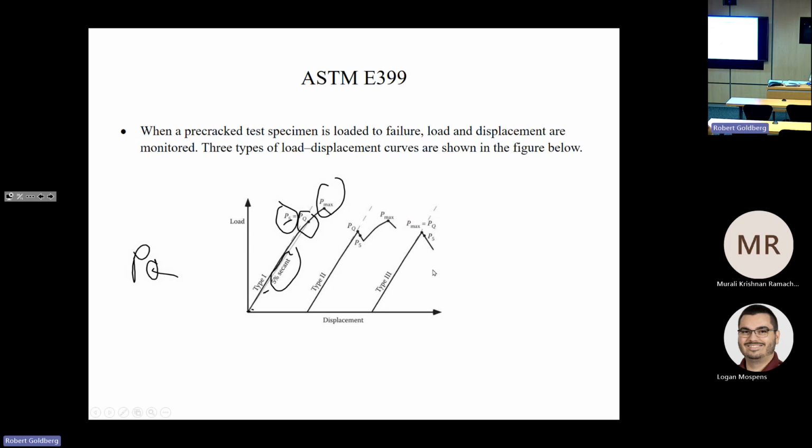Now, this nonlinearity can be caused by plasticity, subcritical crack growth, or both. So for this type 1 curve, PQ is equal to P5.